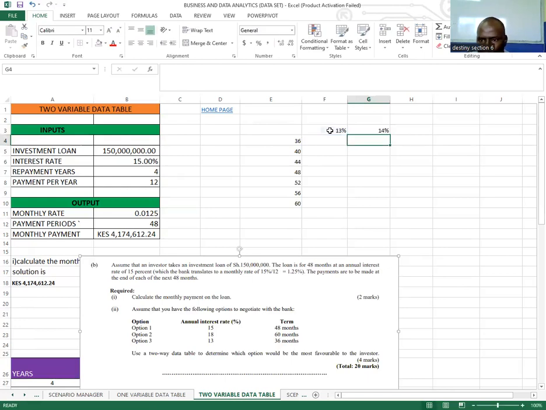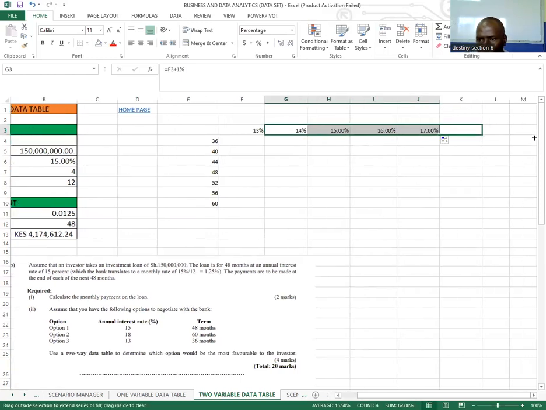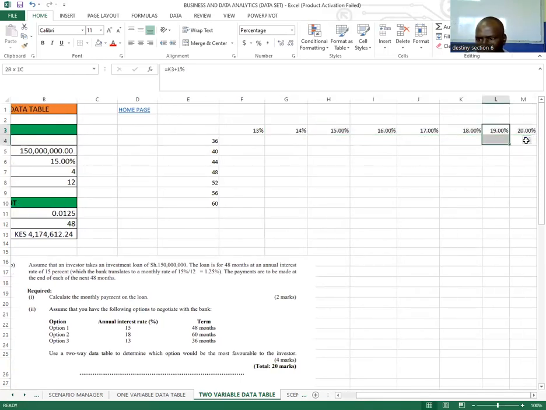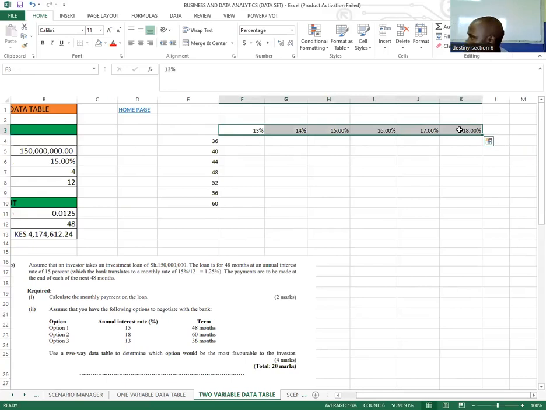Then I press enter, and then now I drag, we see 15, 16, 17, 18. It is captured, so up to here 18. I think that one we can remove the decimal places, students. So for uniformity, we can reduce the decimal places.